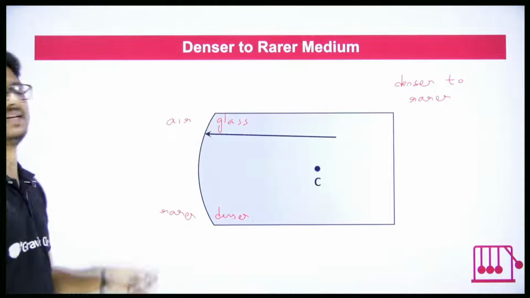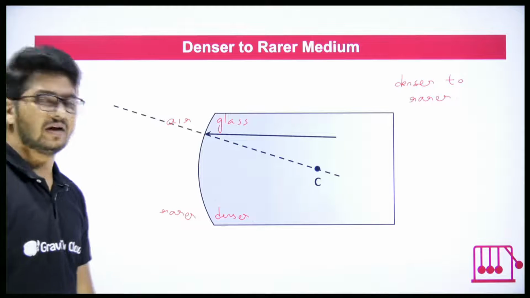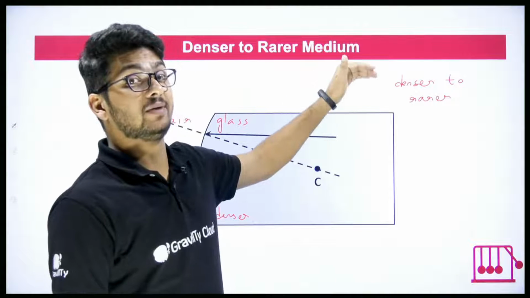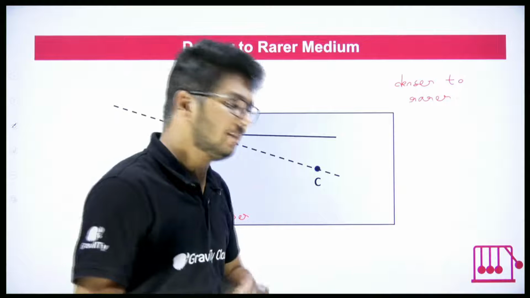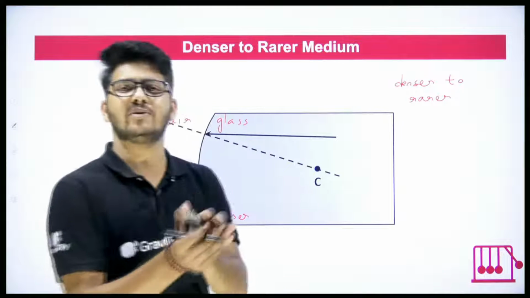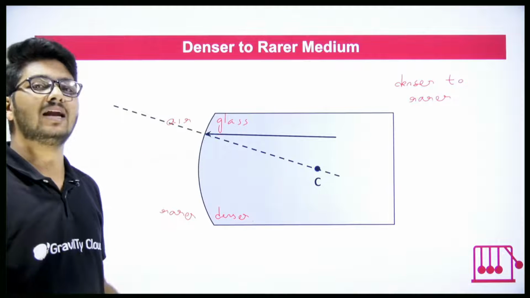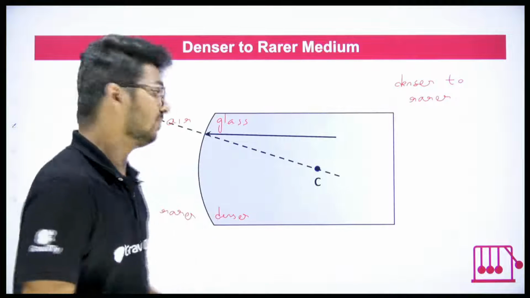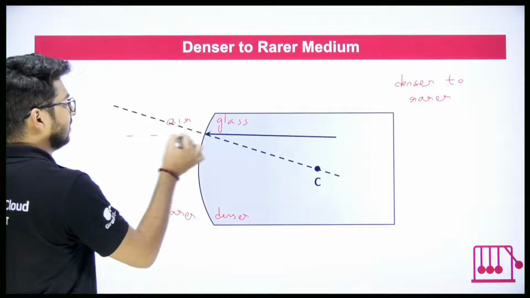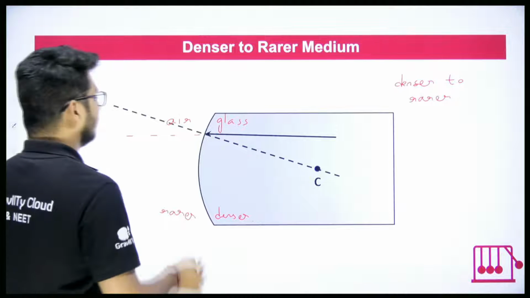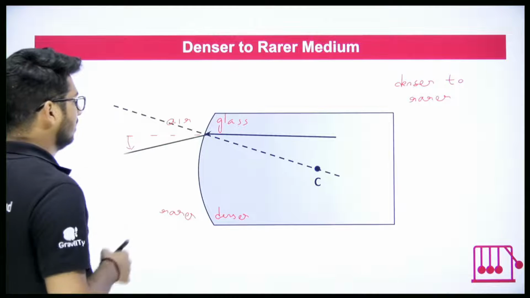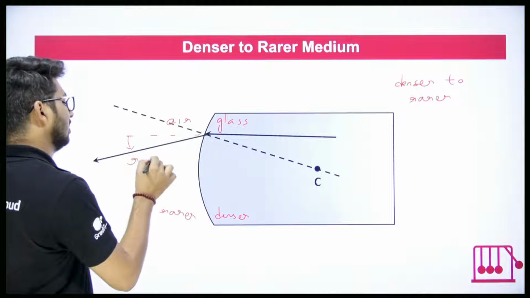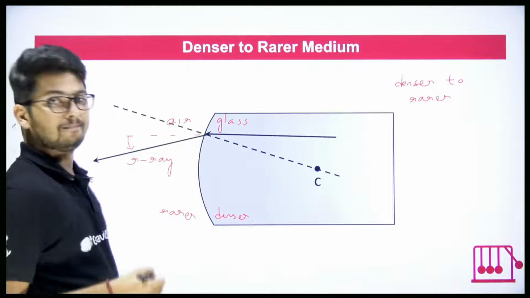Then the next step is to draw the normal. We have drawn the normal. So if the ray is going from denser to rarer medium, does it bend towards the normal or away from the normal? How does the ray bend? If it is denser to rarer, the ray will bend away from the normal. So this should have been the direction of the incident ray, but it bends away from the normal. So this is what it is going to be. That is how the refracted ray is going to be.